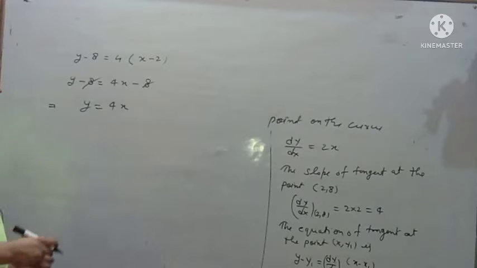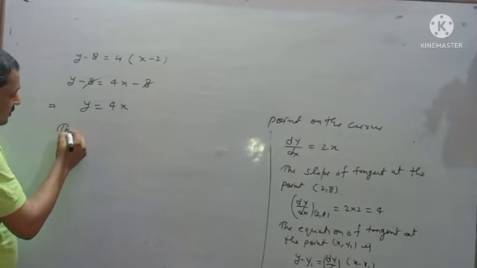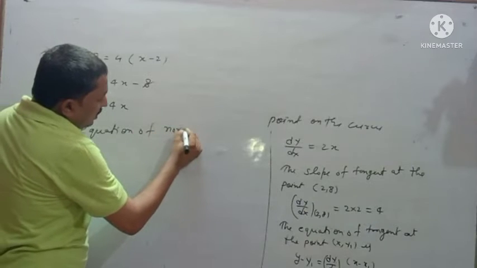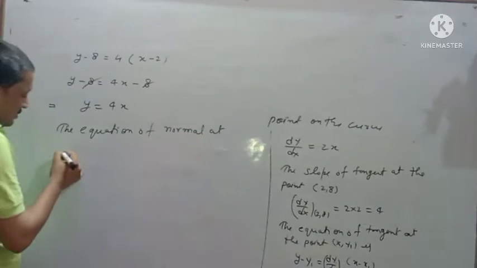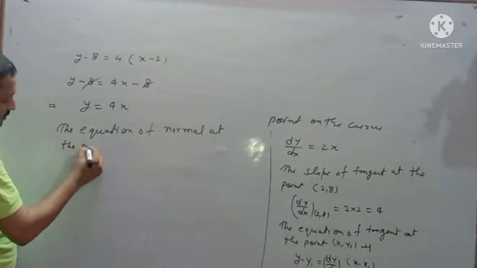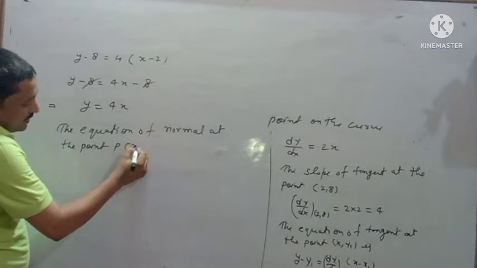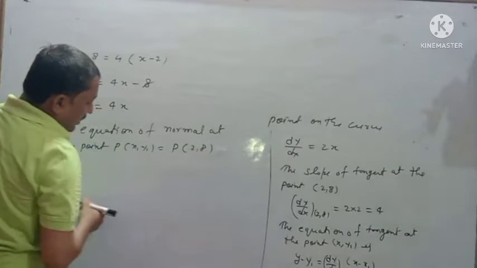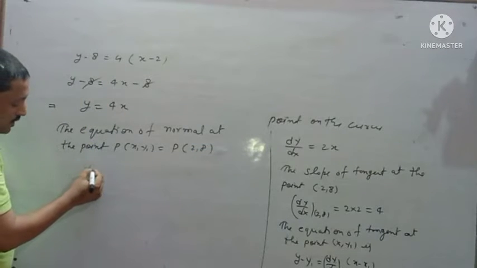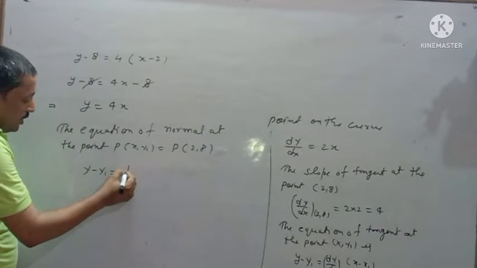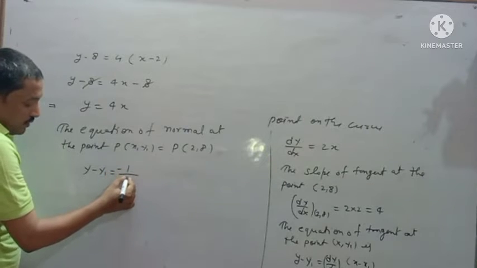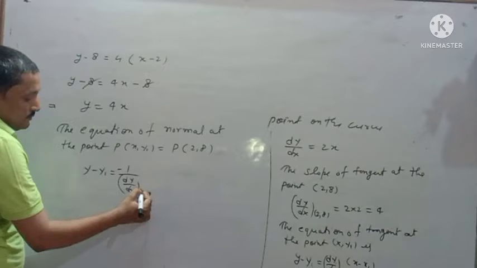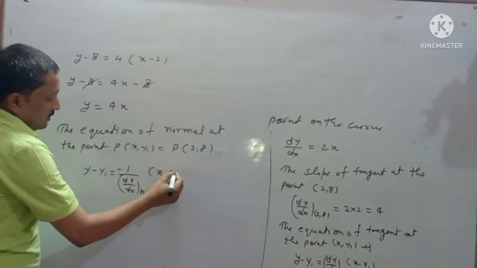The equation of the normal at the point P (x1, y1) equal to (2, 8) is y minus y1 is equal to minus 1 upon dy by dx at the point (x1, y1) times x minus x1.